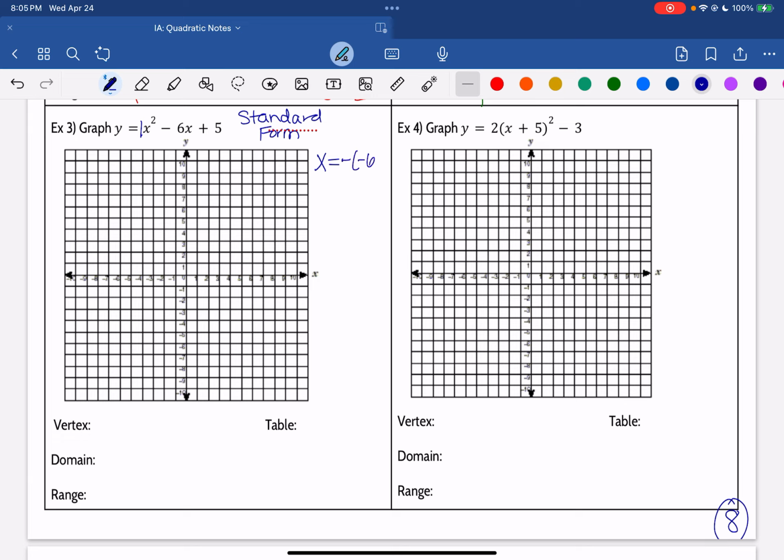So -6 over 2 times 1. So our x is 3. So I could go in right now and draw my axis of symmetry. We know it's going to be at 3.